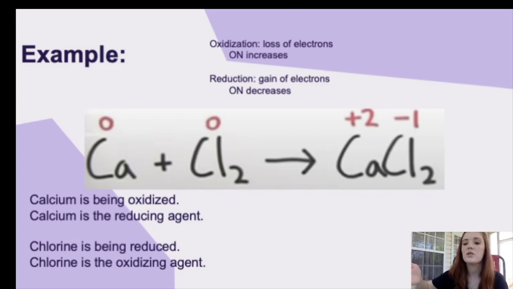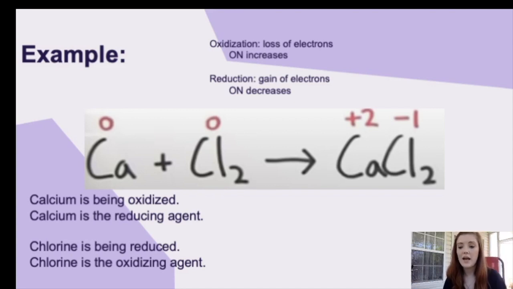So it would be +2 -2 equals 0, and we know that neutral compounds have an oxidation number equal to 0. So your chlorine is being reduced because it's gaining electrons, but it is responsible for oxidizing what? Oxidizing calcium, right? So it is the oxidizing agent.